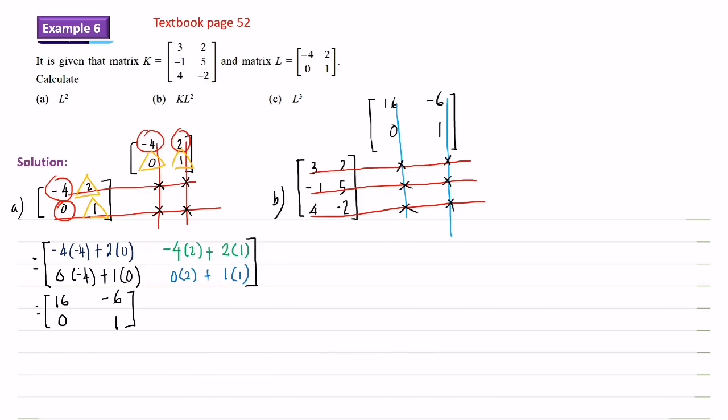Answer, first row times the first column. So 3 times 16 plus 2 times 0. Okay, now we proceed to first row, second column. So 3 times negative 6 plus 2 times 1.